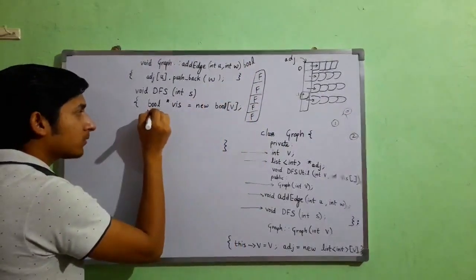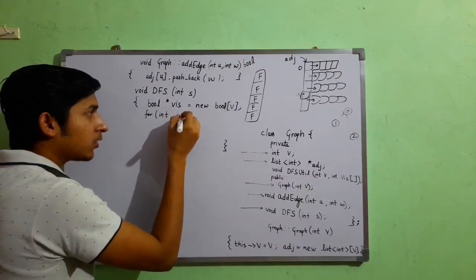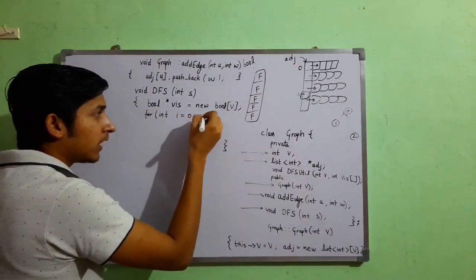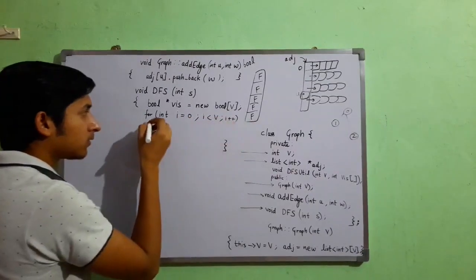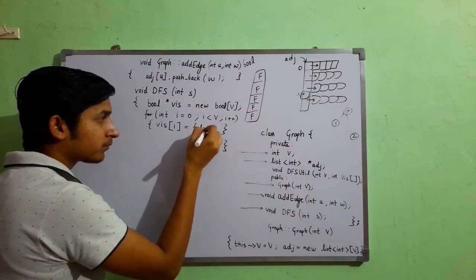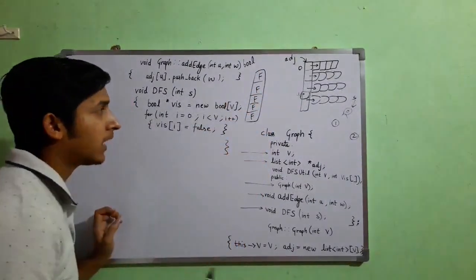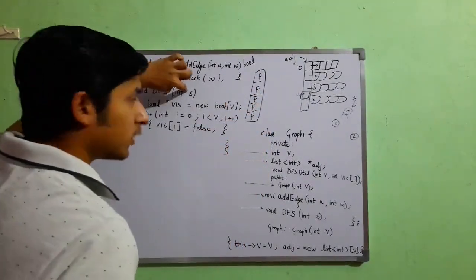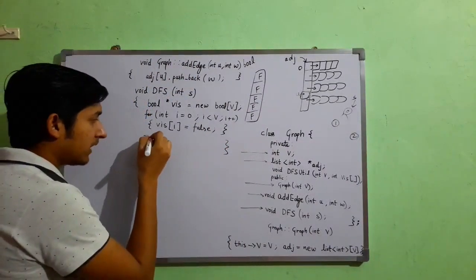So for int i equals 0, i is less than v, i plus plus, false. After initializing all these with false, I am to start with this node in the graph. So I'll write dfs util.